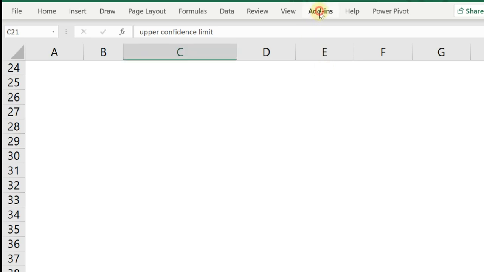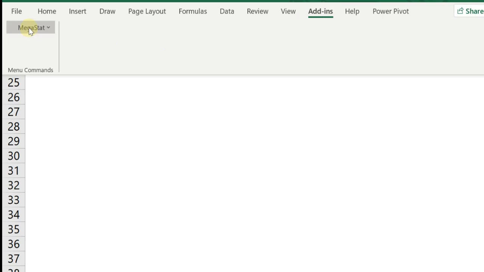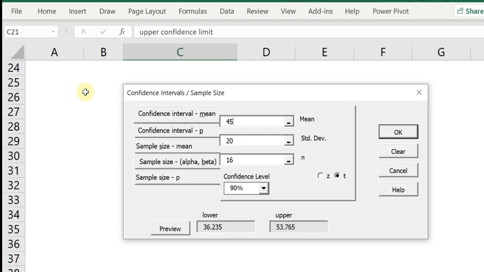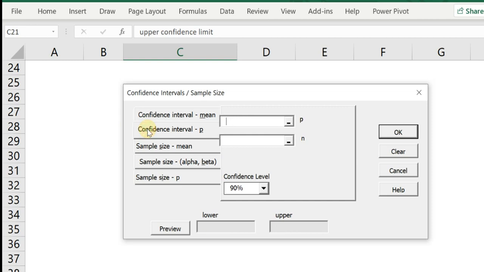I'm going to click on add-ins and look at Megastat. Let's go to confidence intervals. And this time we're doing percentages, so I'm going to use the second entry, not the first. Click on that. Now in here it says what is P.